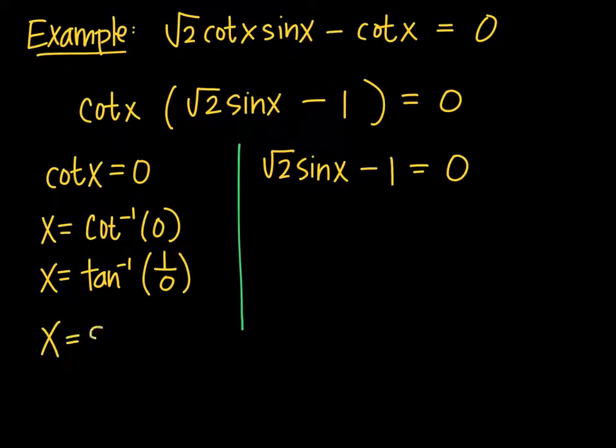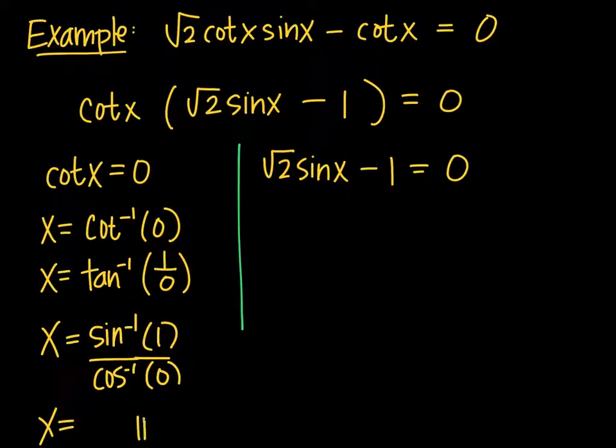Which you can change to inverse sine over inverse cosine. So the inverse sine is on the 1 and the inverse cosine is on the 0. So what pi position is happening where sine is exactly 1 but cosine is exactly 0? That's 1/2. That's at the quadrant angle, right at the top of your unit circle.